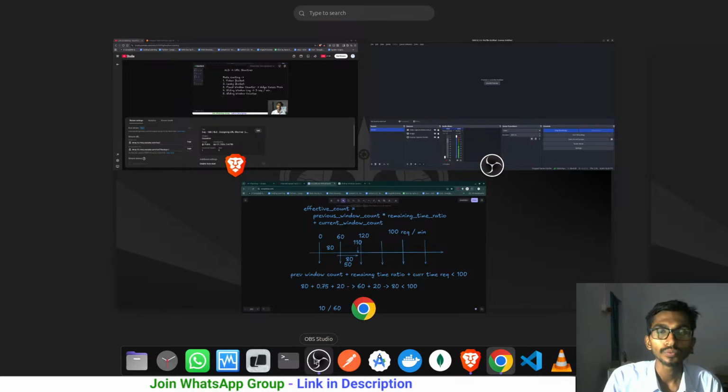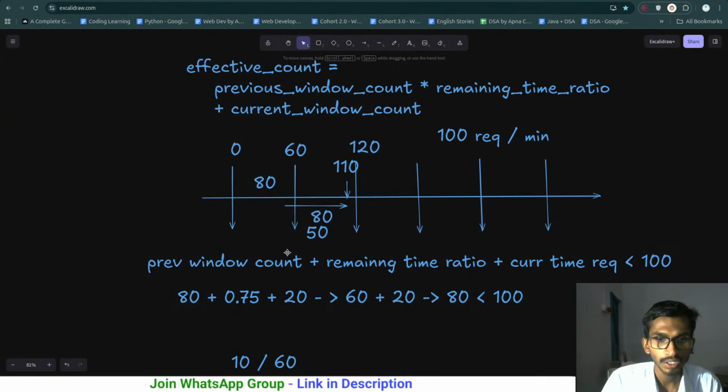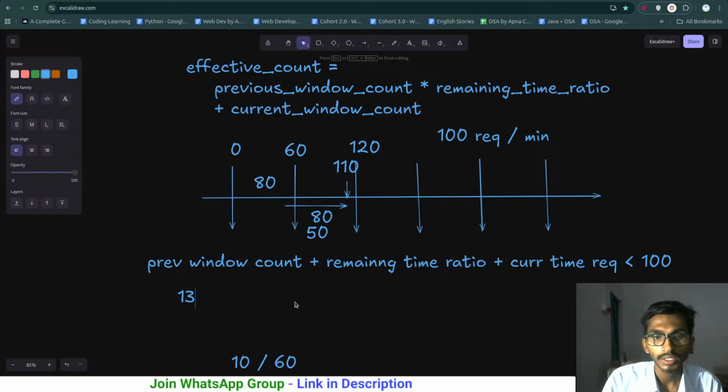So 80 multiplied by 0.16, that's gonna be 12.8. So overall 13 requests in the previous window are still active. 13 plus 80 requests, that's 93. It is still less than 100, so it's gonna be valid.